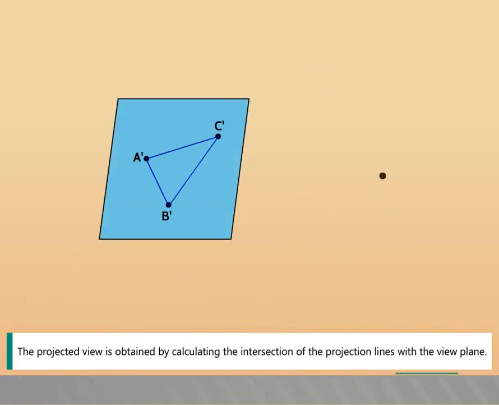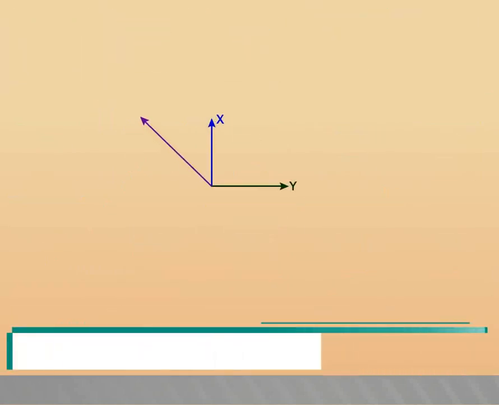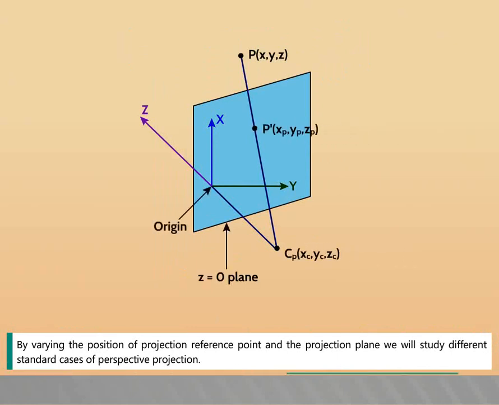The projected view is obtained by calculating the intersection of the projection lines with the view plane. By varying the position of projection reference point and the projection plane, we will study different standard cases of perspective projection.